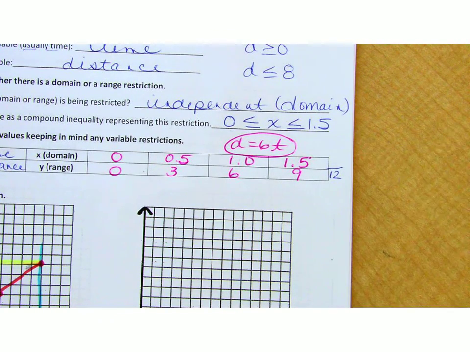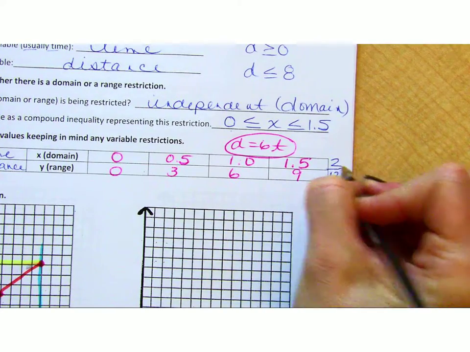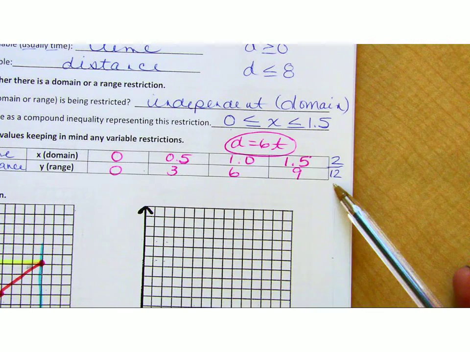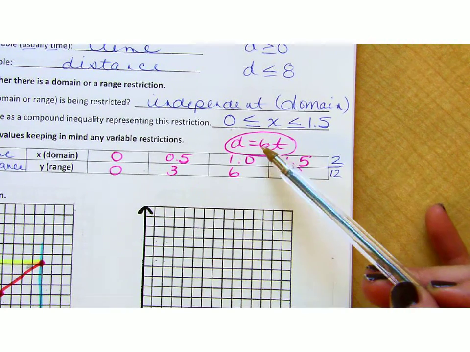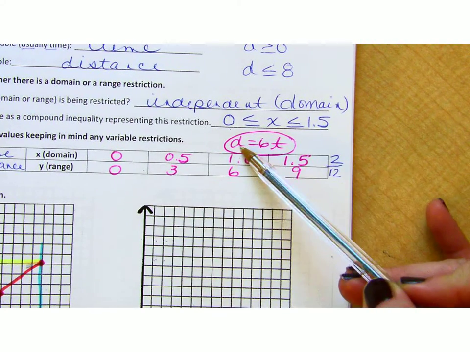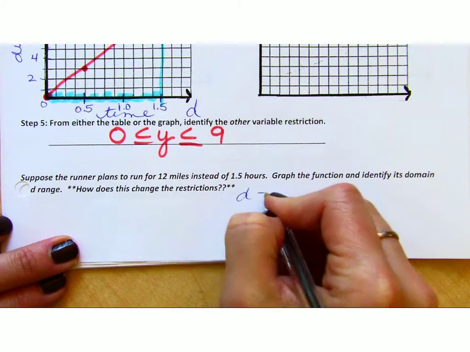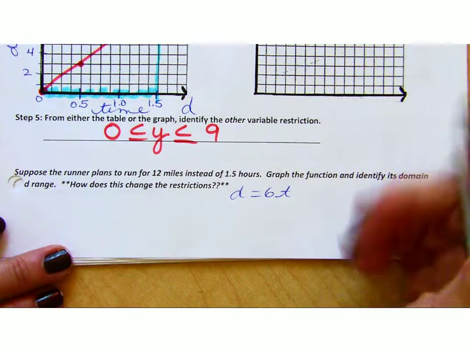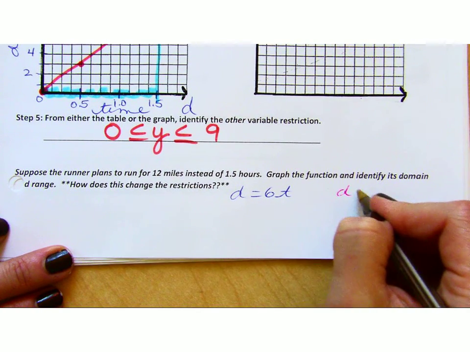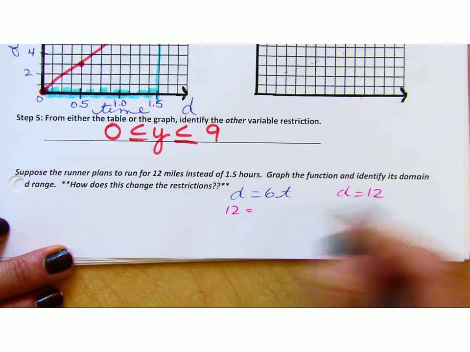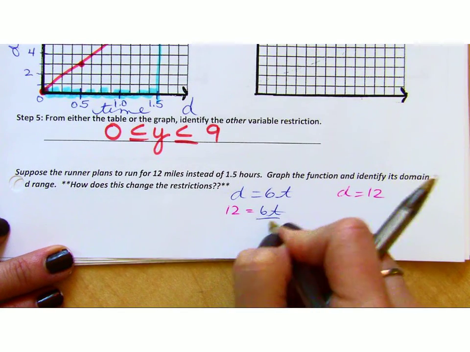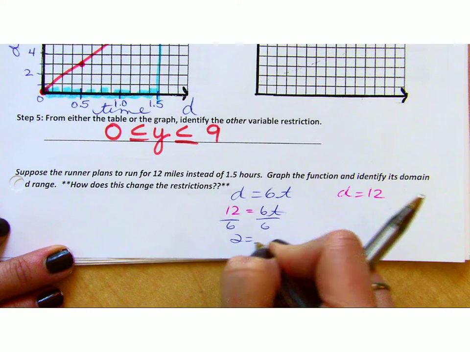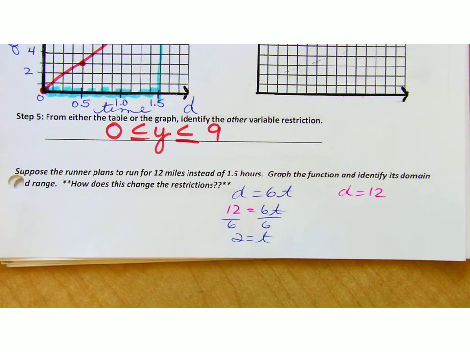And now, what is his new domain? 2 hours, right? You could use your table to continue the pattern, or you could literally plug 12 in for your distance. So down here, I'm saying if D equals 6T, and he decides that instead he wants his distance to be 12, put that here, solve for T, and his time is 2. Got it? So, watch this. It all comes down to this. It's written like this.